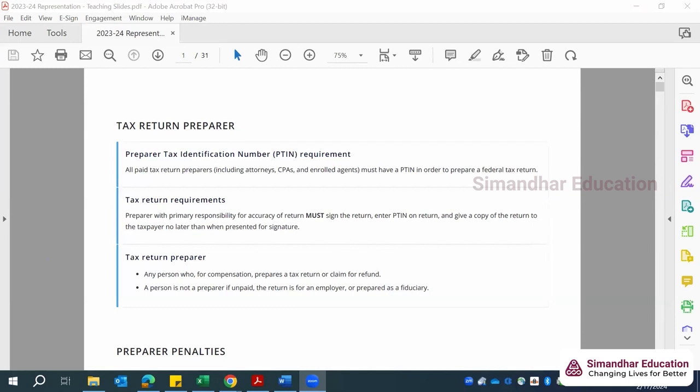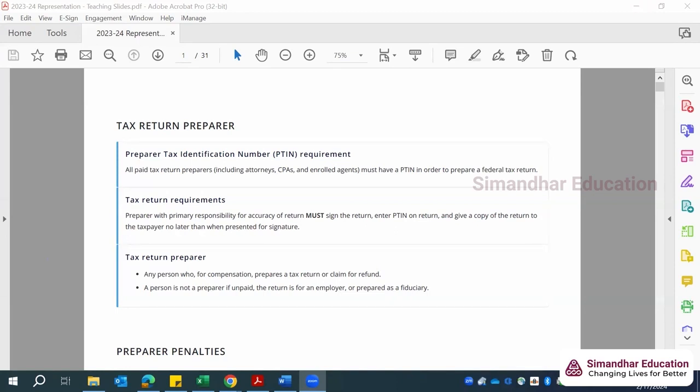All right. So going back to the person who's not signing the return, someone who is substantially preparing the major part of the tax return is also called a return preparer. Now, everyone is supposed to have a preparer tax identification number, and you will see that the organizations which are doing compliance will make sure that everyone who is working in the tax field gets a PTIN. All right. So it's like a year-end activity.